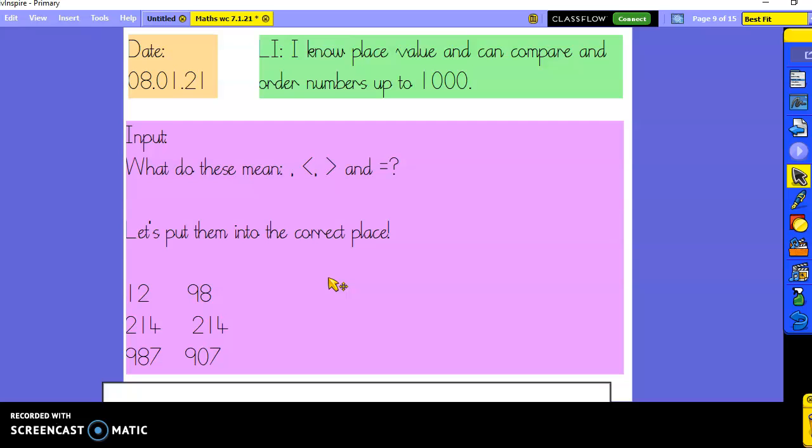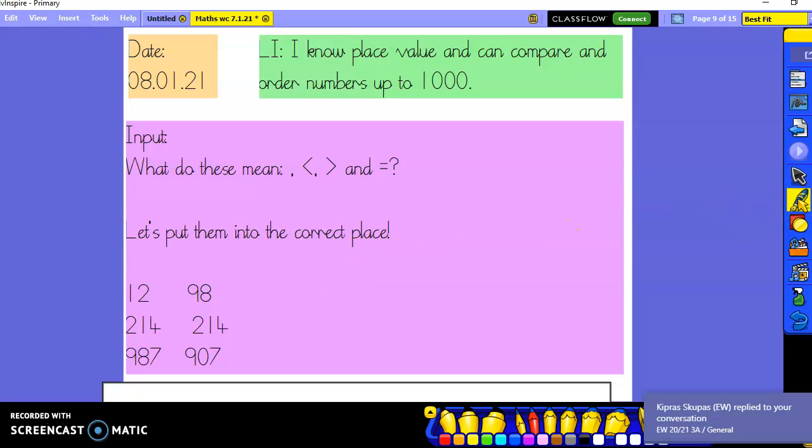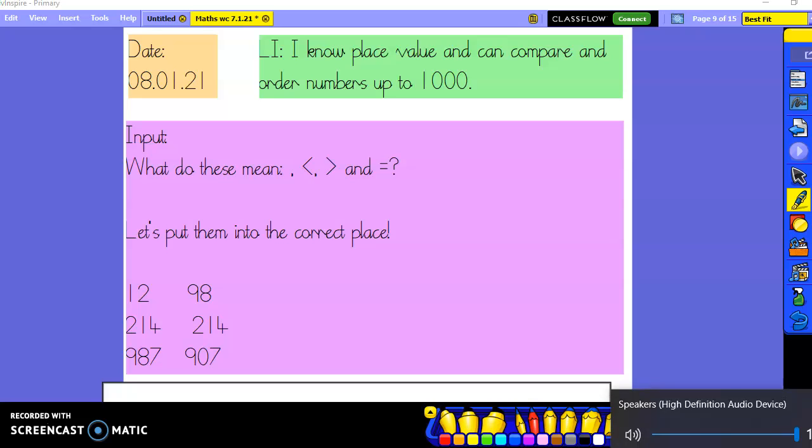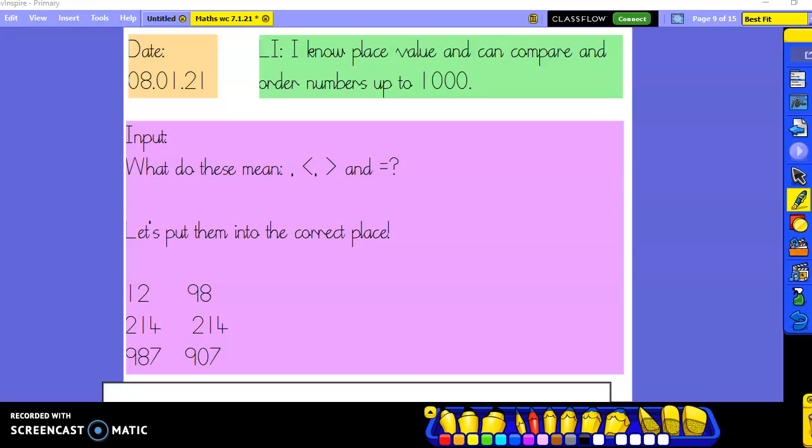So let's put them into the correct place. Using our knowledge that the crocodile always wants to eat the biggest number, with its mouth open wide, where would we put our first symbol then? You are correct. Well done. So the crocodile would want to eat up 98.